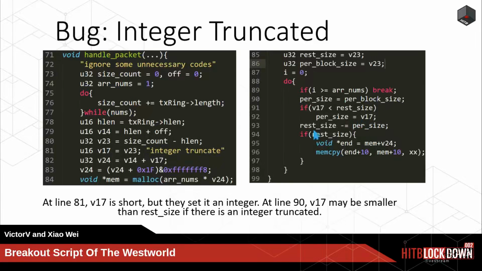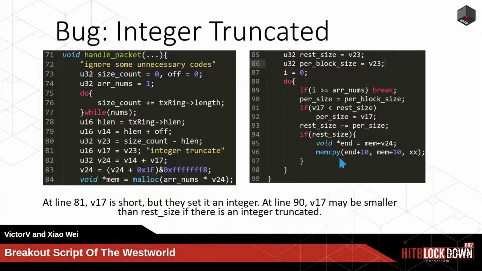So the rest size must be bigger than 0. So memcpy will be called, and it copies the data from the map to its end. And so here is the heap overflow.